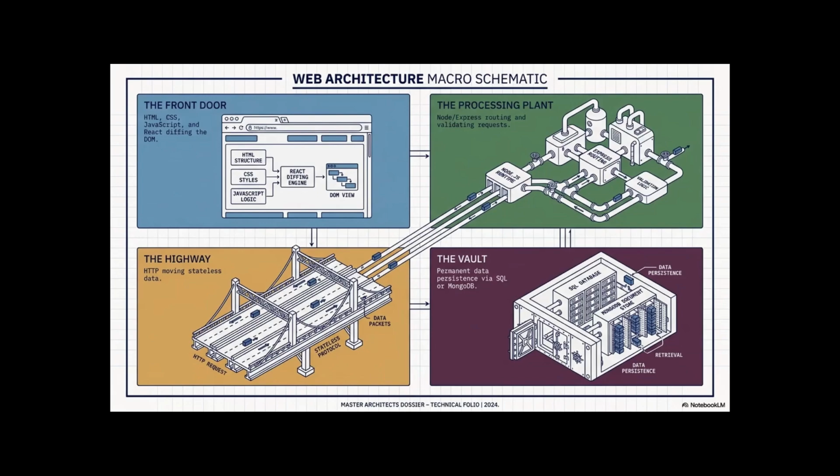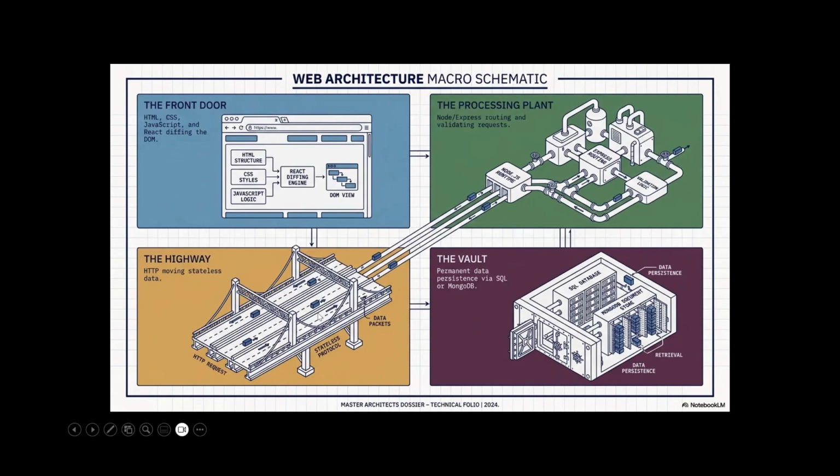Every single thing we have done this semester lives somewhere in this map. The piece that I think is the most interesting is the highway itself and what happens when JavaScript tries to use it, like rendering the data in the front door, the processing in the plant in the backend, and storing in the vault.